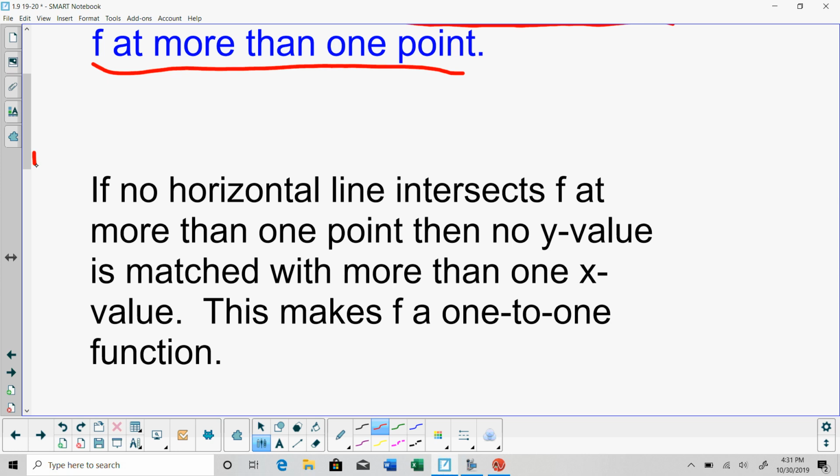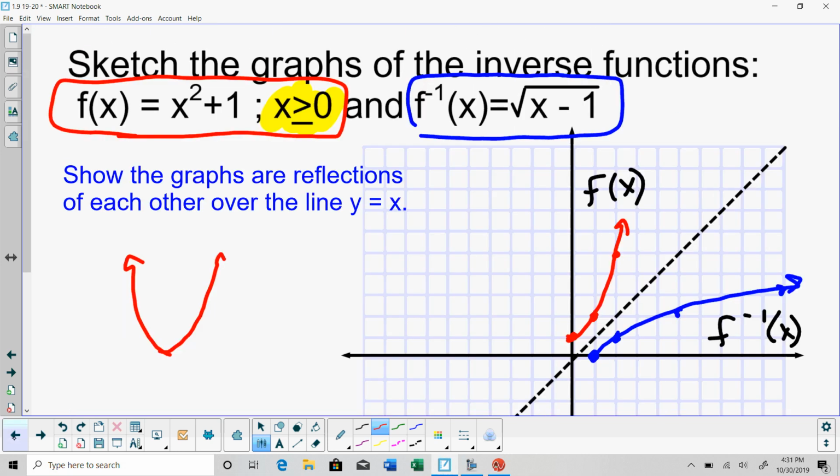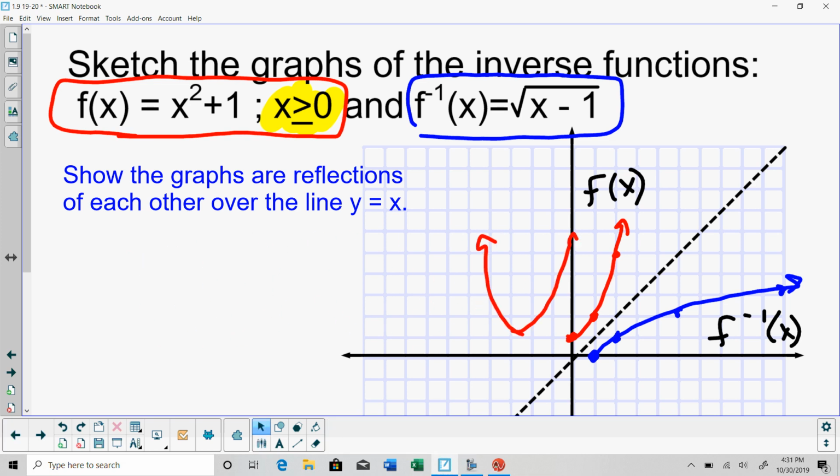So going back, do I have an example here? Let's go back to this graph that we did here. If I was to go back and sketch this whole function x squared plus 1 and forget about this highlighted area, where we said x is greater than or equal to 0, then we would have this whole graph.